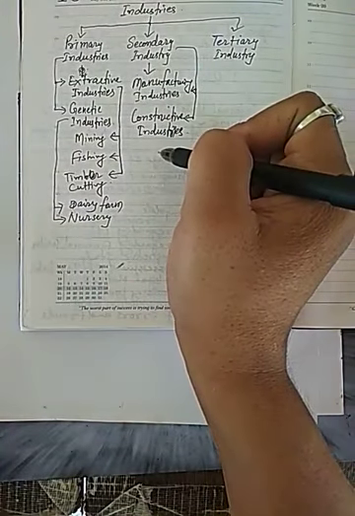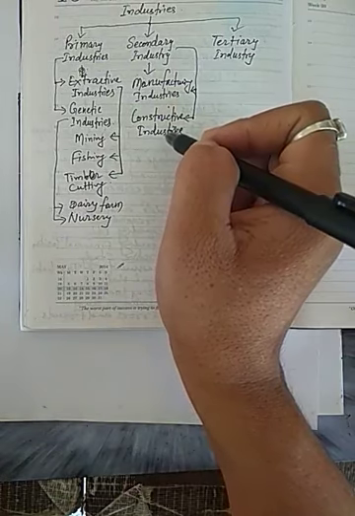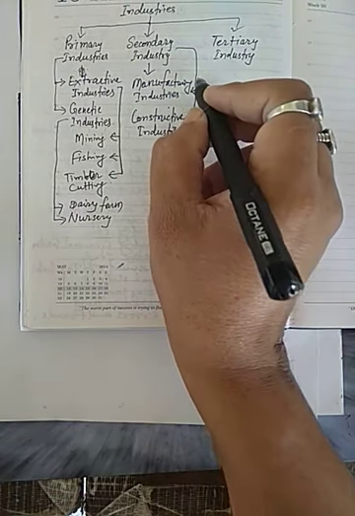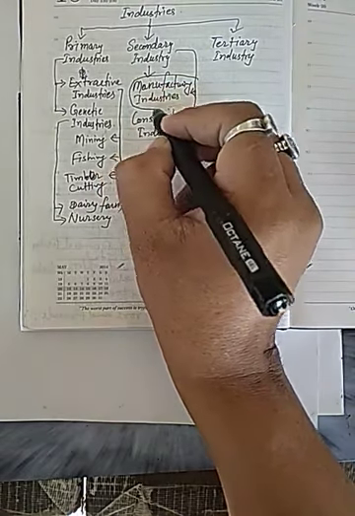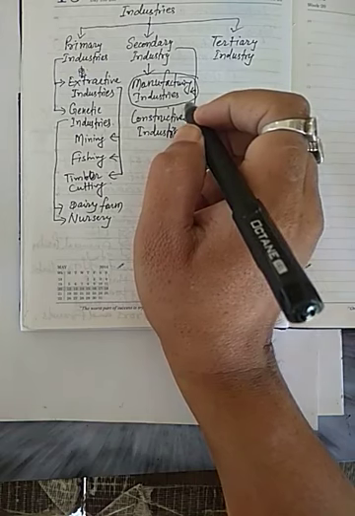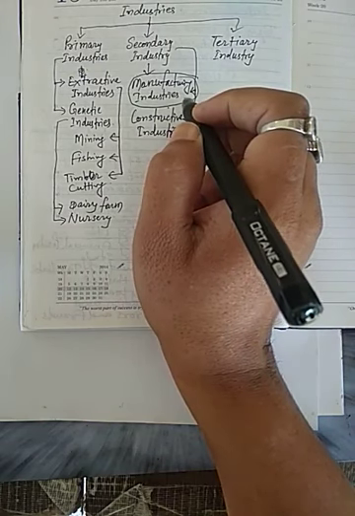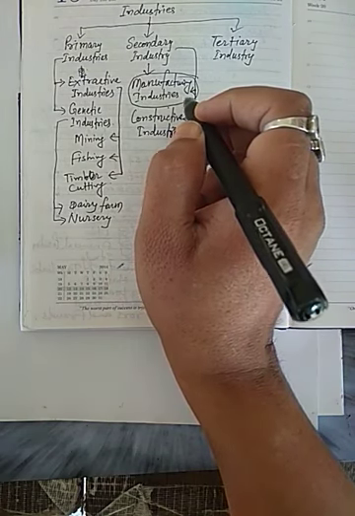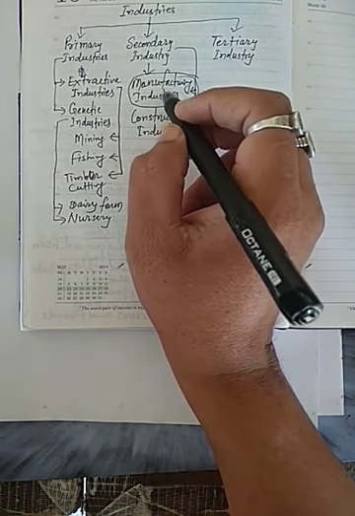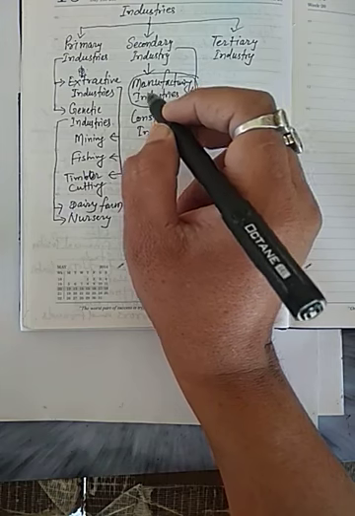Now, what are manufacturing industries? These industries are engaged in the process of conversion of raw material or semi-finished goods into finished goods.